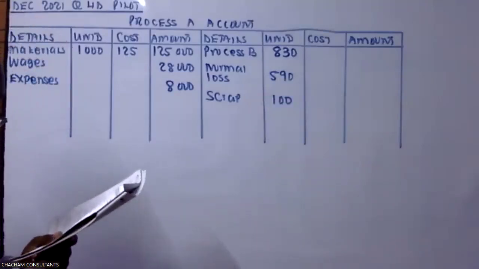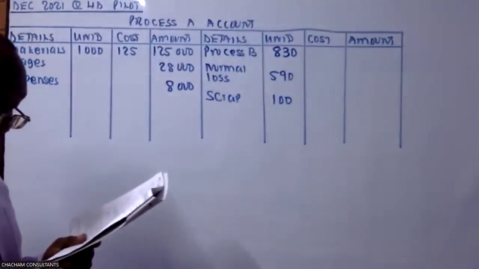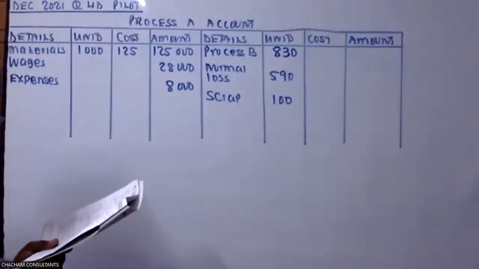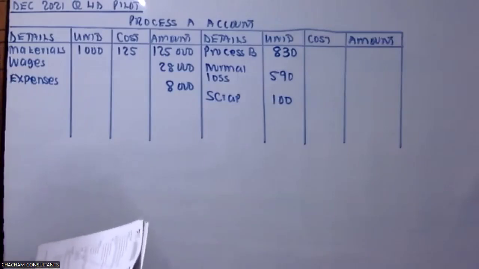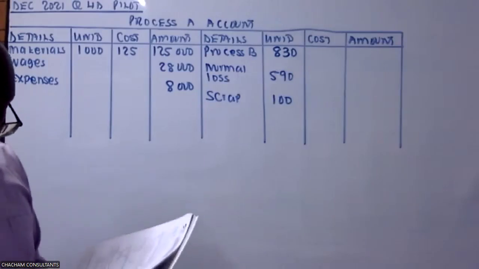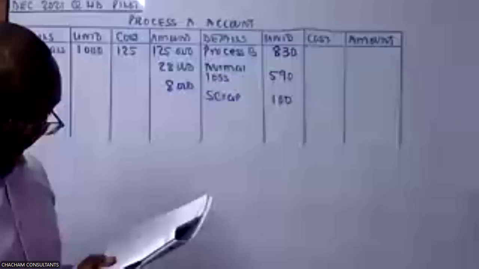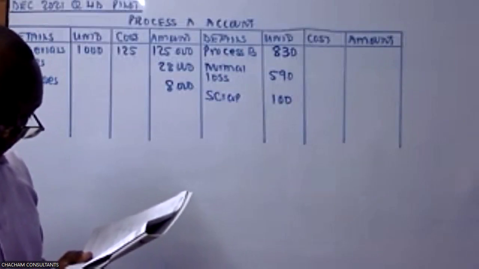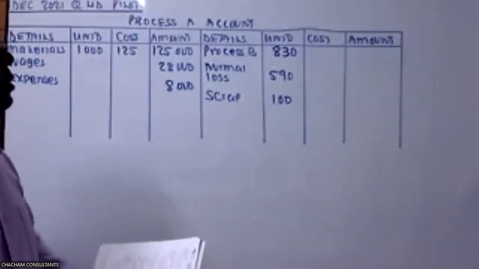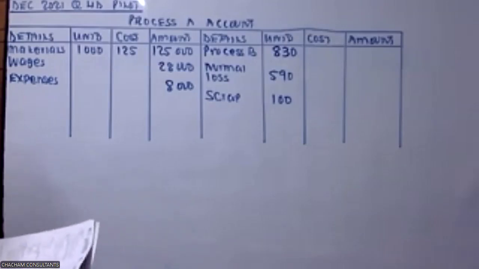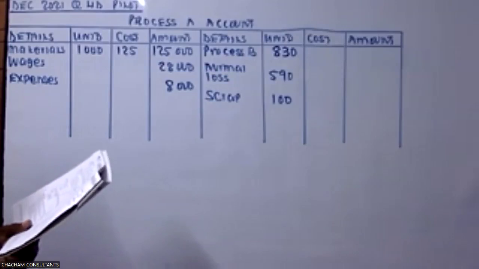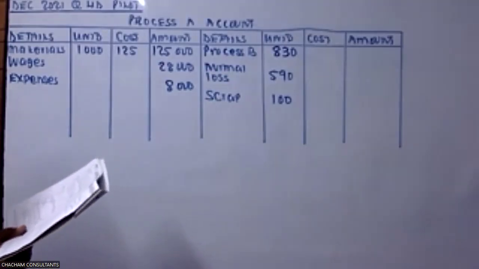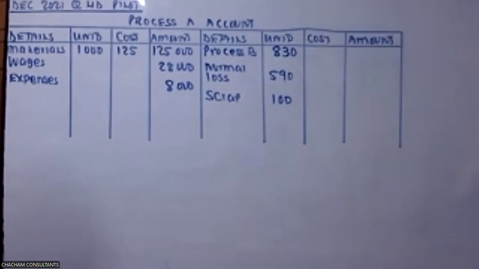And we are told the scrap realizes 80 for process A and 200 for process B. So this scrap is the one that we are told realizes 80 and 200, and it is not supposed to be put in the process account in terms of the costs, or sorry, in terms of the revenue.